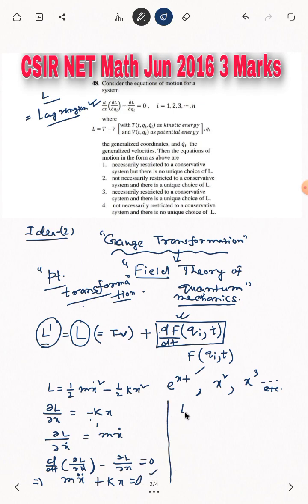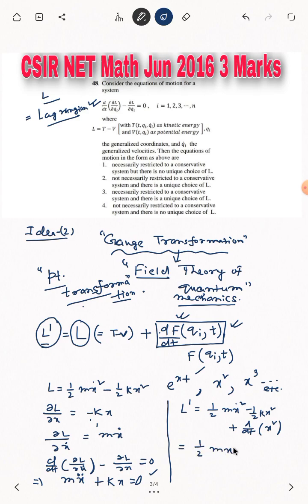Now if we make a new L, which is called L dash, this L is already in our hand, half m x dot square minus half k x square, and we add this quantity in this format. Then what we will have? We have d/dt of, within bracket, x square. So what will be our L?